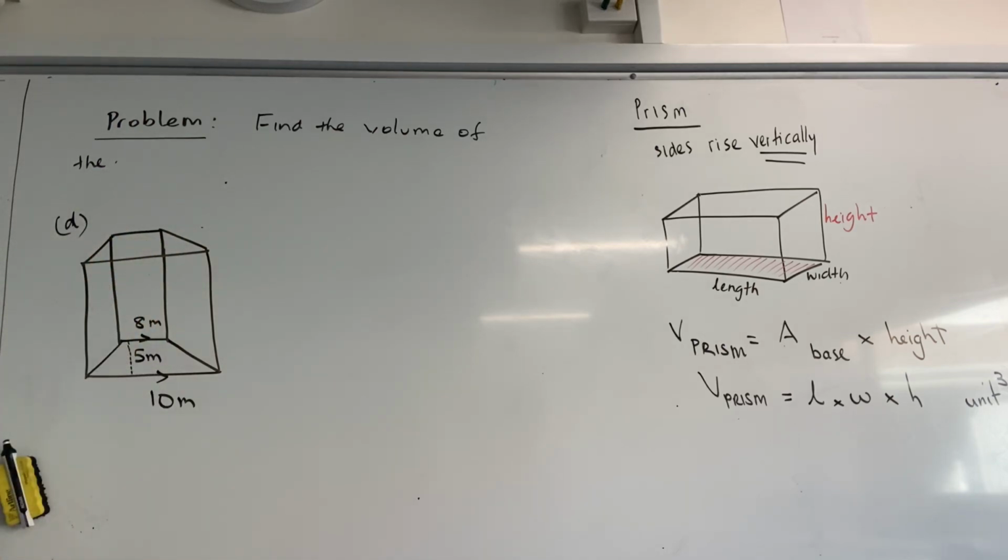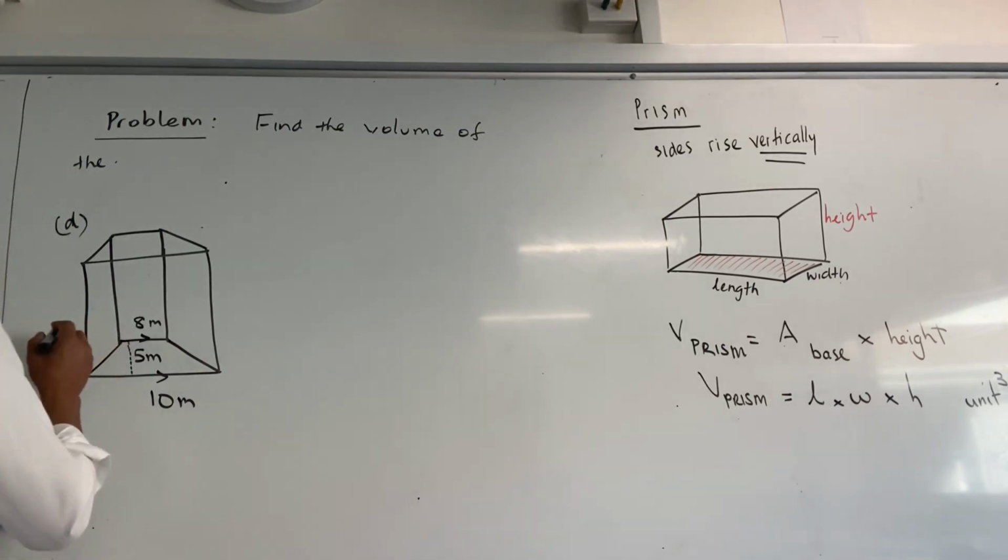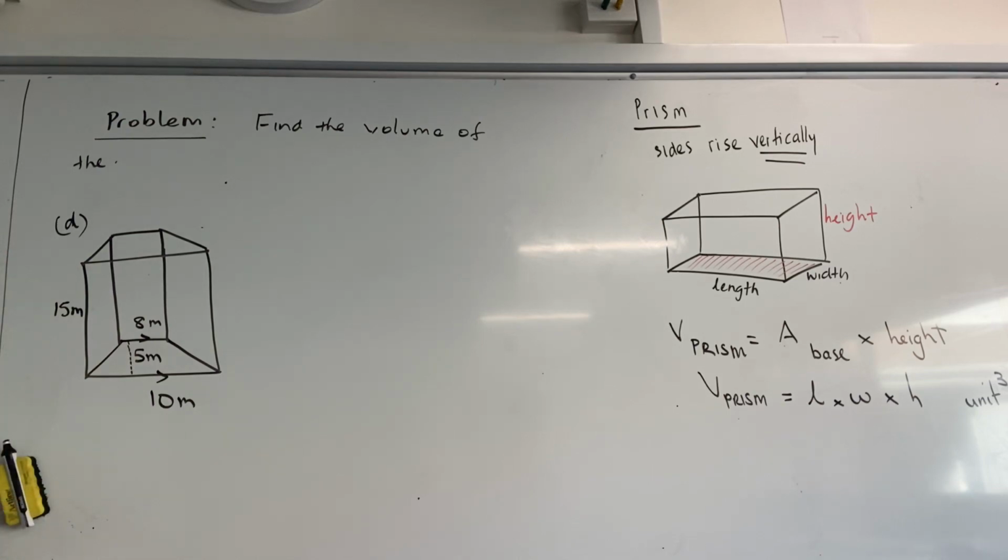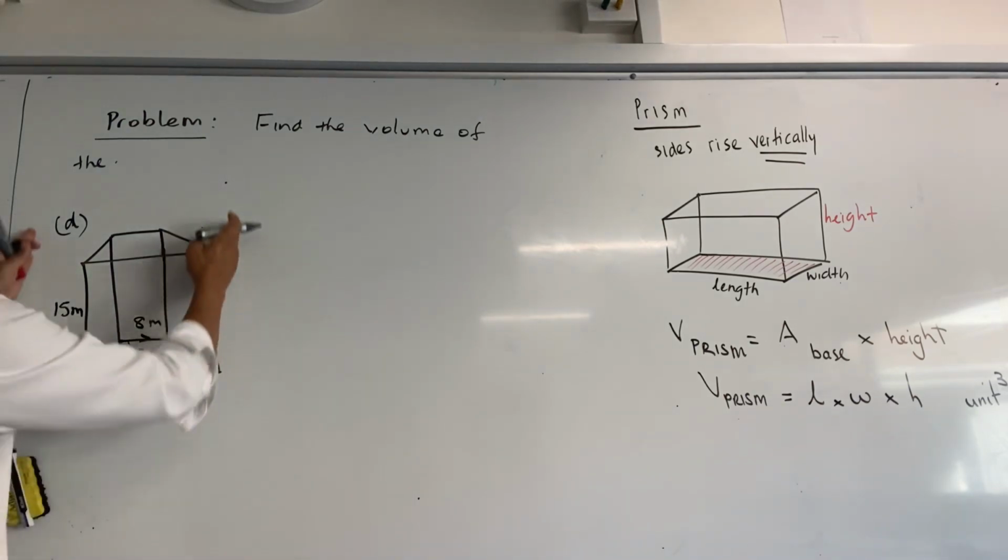It's awful. But imagine that that is your fish tank. The bottom, okay, is a trapezium. The floor is a trapezium. And I'm going to tell you that's 15 meters. Massive. See how the sides rise up vertically?